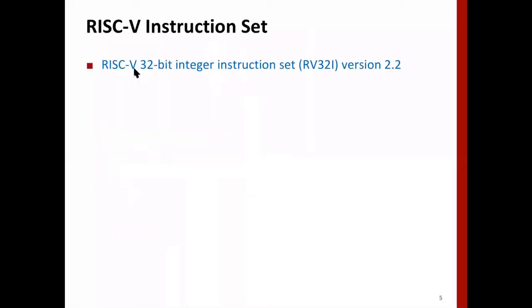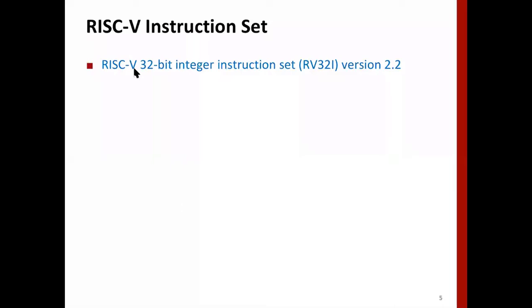So, instruction set. The way the RISC-V architecture is designed is that it has multiple subsets, or multiple sets of instructions. These sets are there for different applications. However, the instruction set that we are using is quite simple.